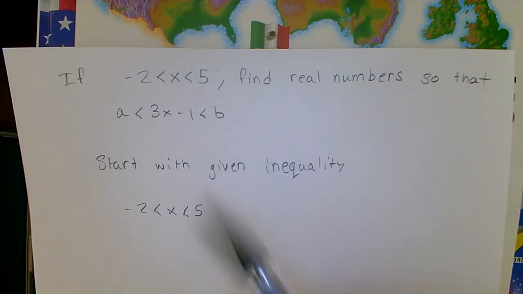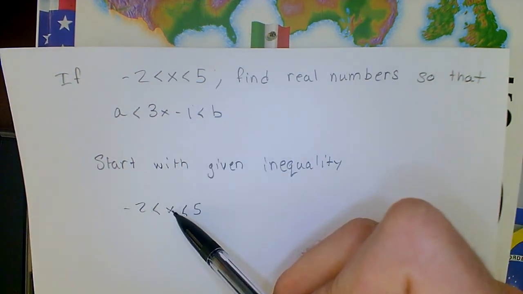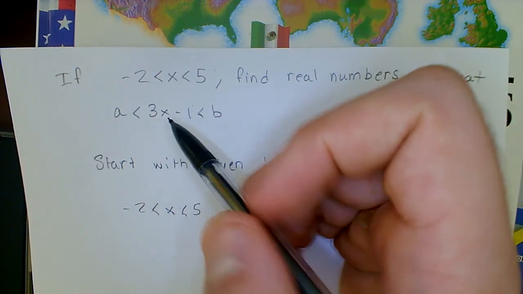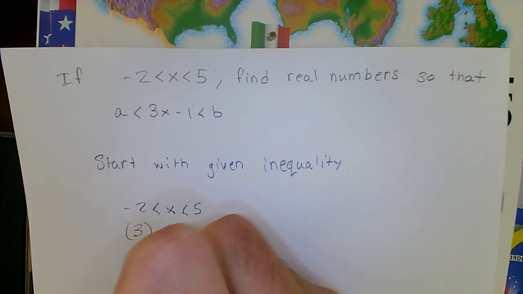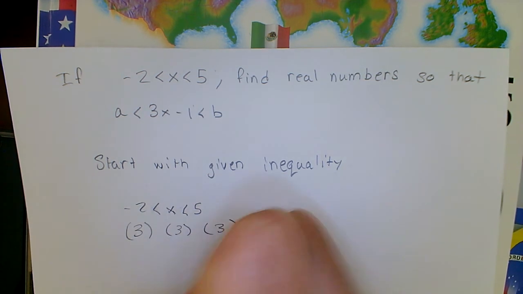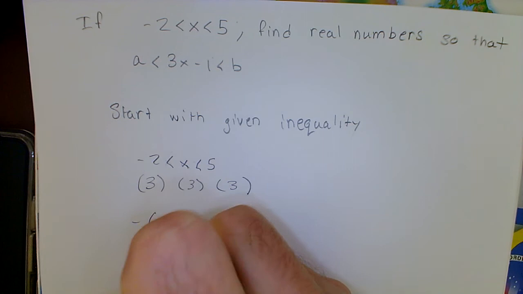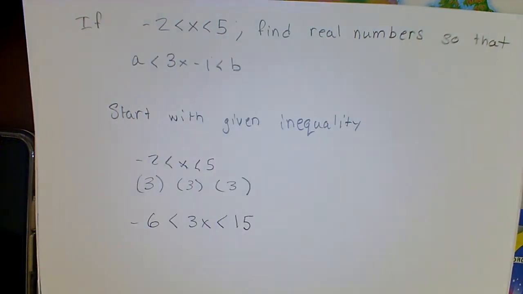Okay, so now we're going to basically take this starting inequality and make it look like this. So we need to make x look like 3x minus 1. So to do that, I'm going to multiply all 3 sides by 3. Okay, so we get negative 6 less than 3x less than 15.